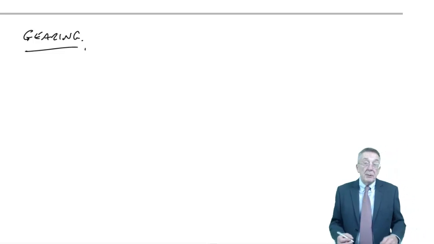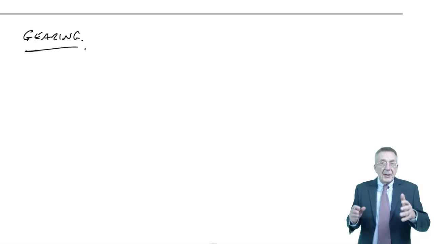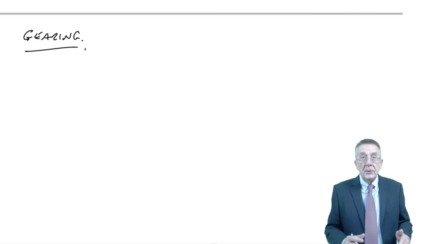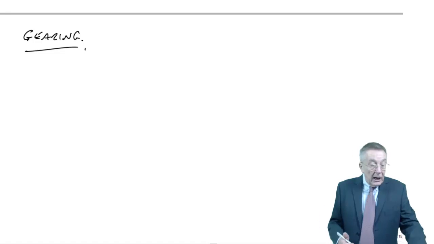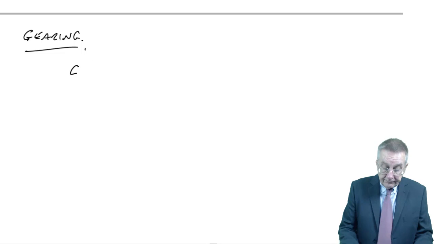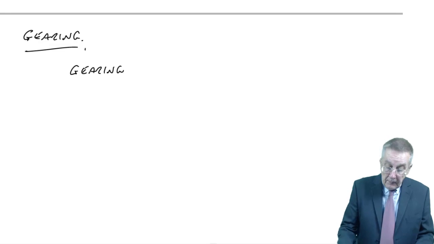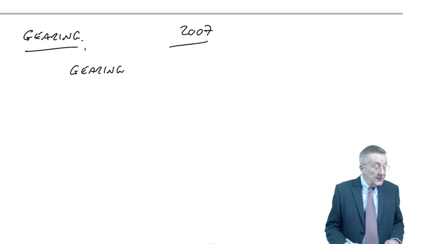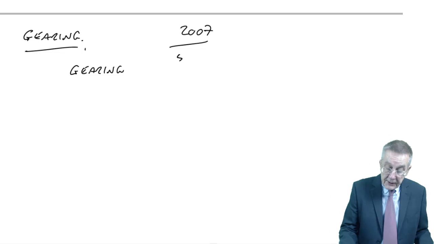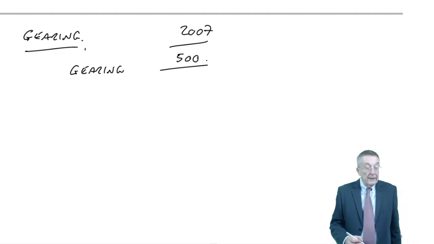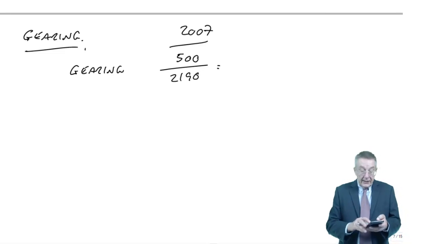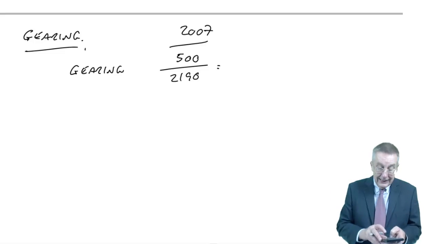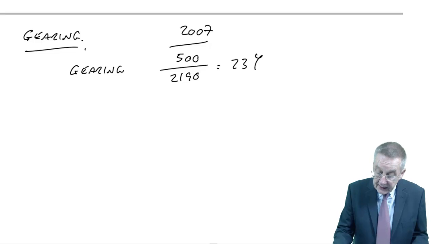And there are actually two ways people measure it, which give different answers, but if ever you're asked to do gearing in paper F5, you would be told how to measure it. One way is the way that I've written there. The long-term liabilities, long-term debt borrowing, which in 2007 is 500, as a percent of the shareholders' funds, capital plus reserves, 2190, which in percentage terms is 23%.